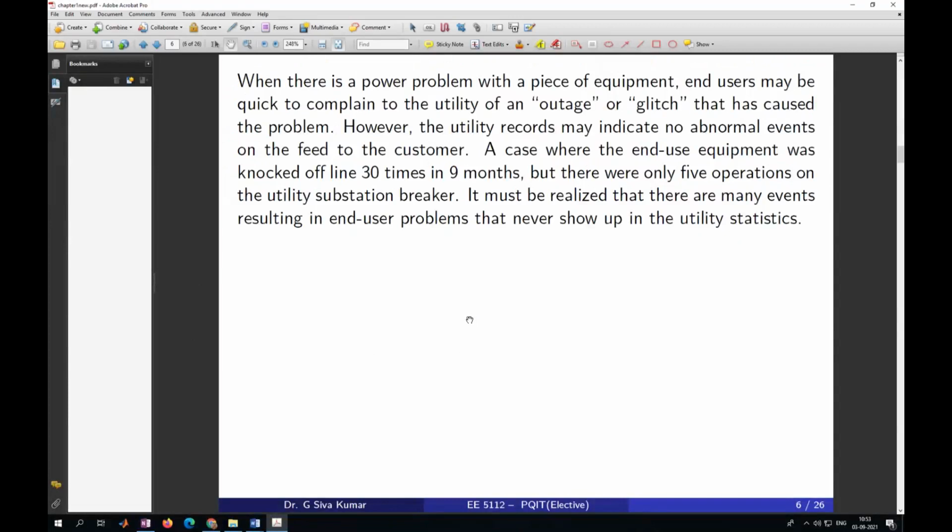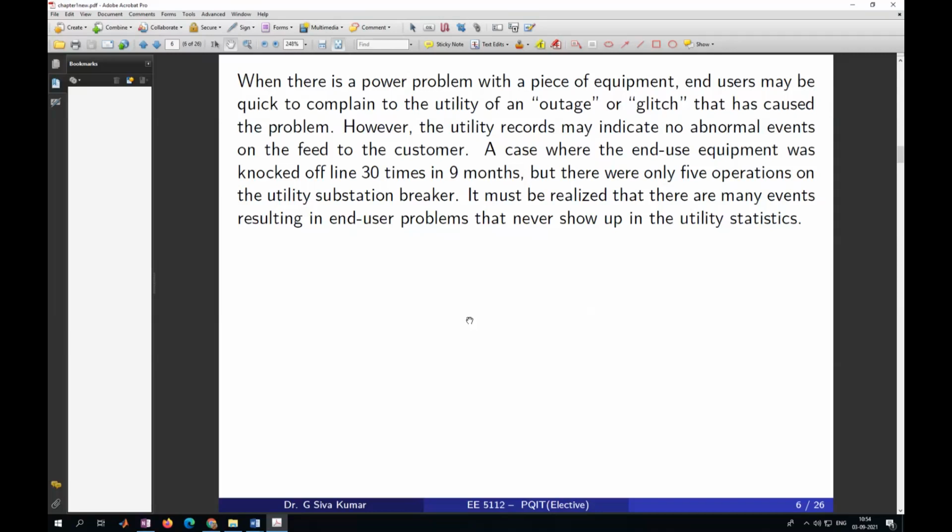What happened was the breaker is going to completely go off. If there is some kind of a fault in the equipment which is causing the breaker to be knocked off, the customer side sees that it is because of some other problem, maybe because of over voltage in the system. But as such, on the utility side, there is not any kind of a problem.